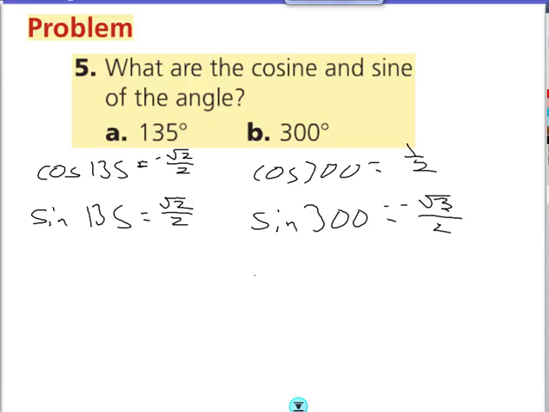Page 832. We did through 25. I want us to do 26 to 33.